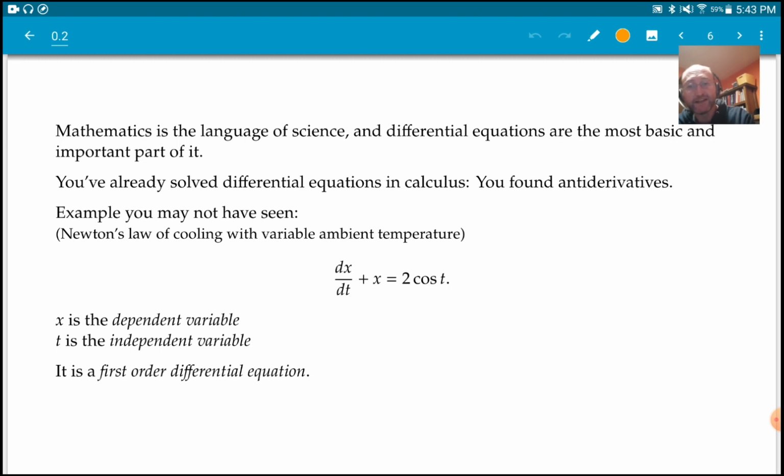So x is the dependent and t is the independent variable. The dependent variable appears as a first derivative and as itself, so the highest derivative that appears is the first one, so it's a first order differential equation.